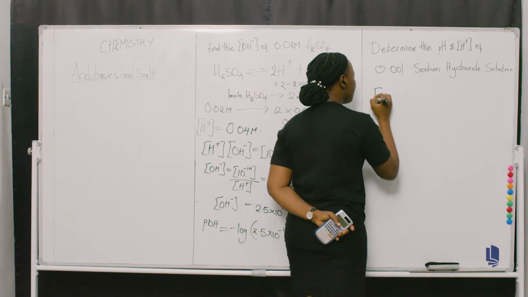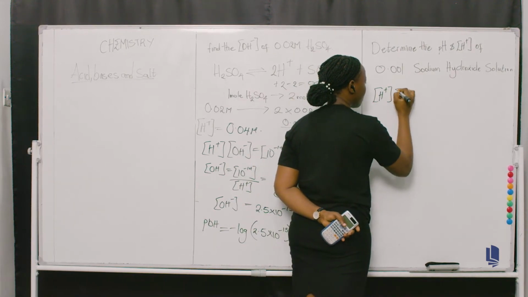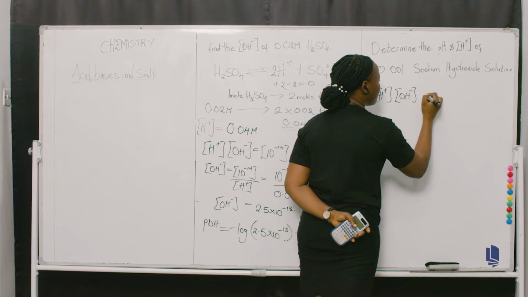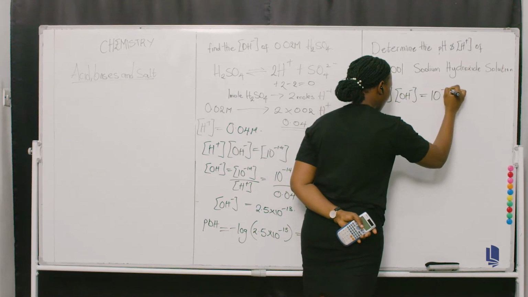We know that hydrogen ion concentration times hydroxide ion concentration is equal to 10 raised to power minus 14.